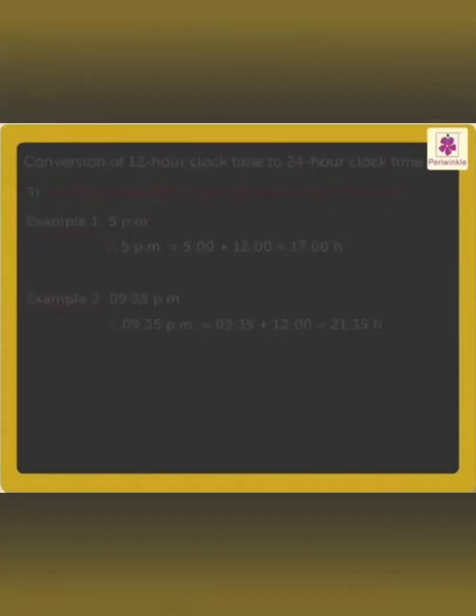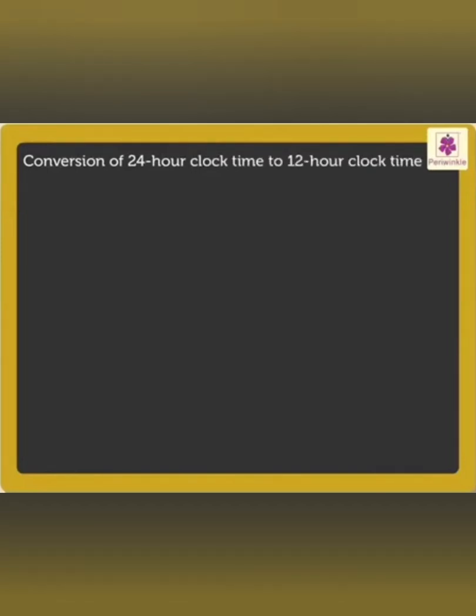Now, let us see the conversion of 24-hour clock time to 12-hour clock time. Even here, depending on the time intervals, the conversions are carried out as follows. 1. For the time from 0 hours to 59 hours, add 1200 hours to the given time and write it in AM.